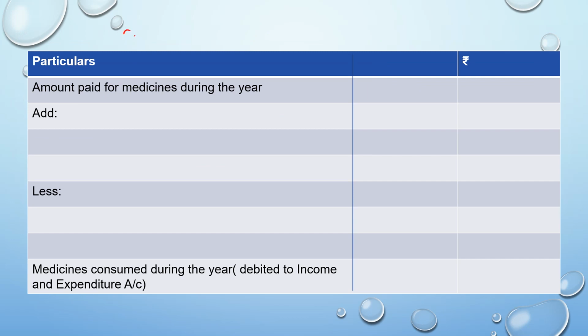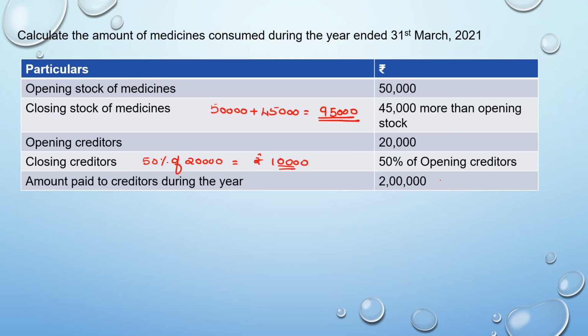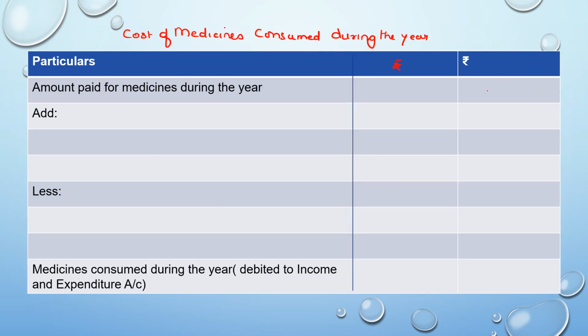So prepare a format like this: cost of medicines consumed during the year. Particulars and two amount columns, inner and outer column. We start with the amount which was paid for the medicine, which was rupees 2 lakh. So write that amount here. Other than that, what do we have?